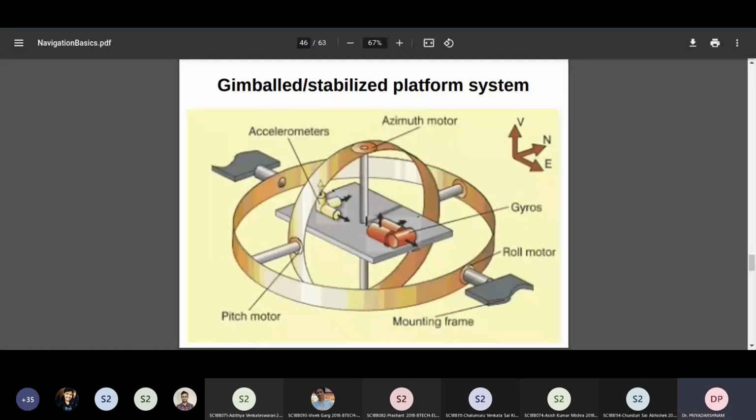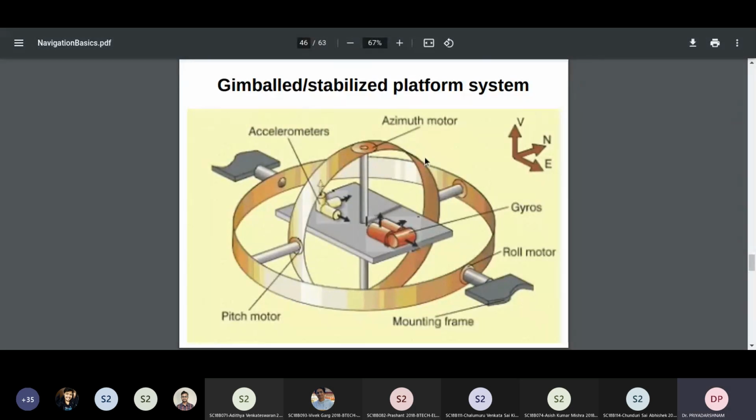Similarly, if the launch vehicle rotates in the north direction, and we had placed a rotary encoder in the north axis inner gimbal, then the angle by which it has rotated in the north direction can be measured. In addition, let us also place one more rotary encoder in the innermost part where the platform is connected.